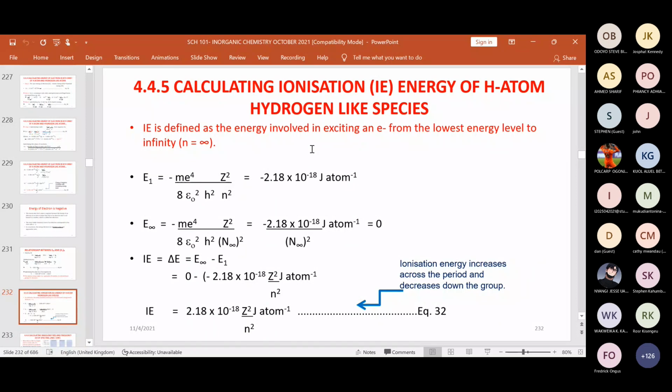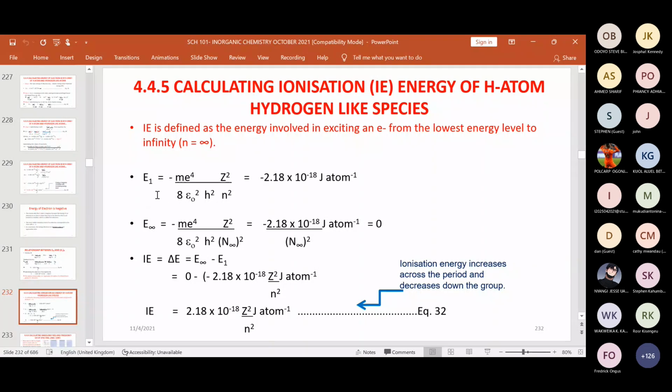When you transfer an electron from the lowest energy level to the infinite energy level, the electron is completely removed from the atom. That's when you put a positive charge to signify electron lost, because you have more protons now than electrons. So to transfer an electron to the infinite energy level, we can calculate the energy required from the value we have already established.